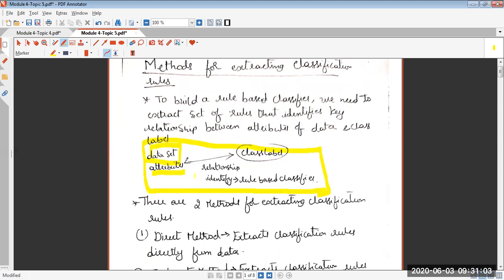Going to the problem that I had given in internals, we need to identify whether a student belongs to MIT or is an outsider. So 2 classes were there: class A is MIT student and class B is outsider. Now, how could you distinguish a person as an MIT student or an outsider?